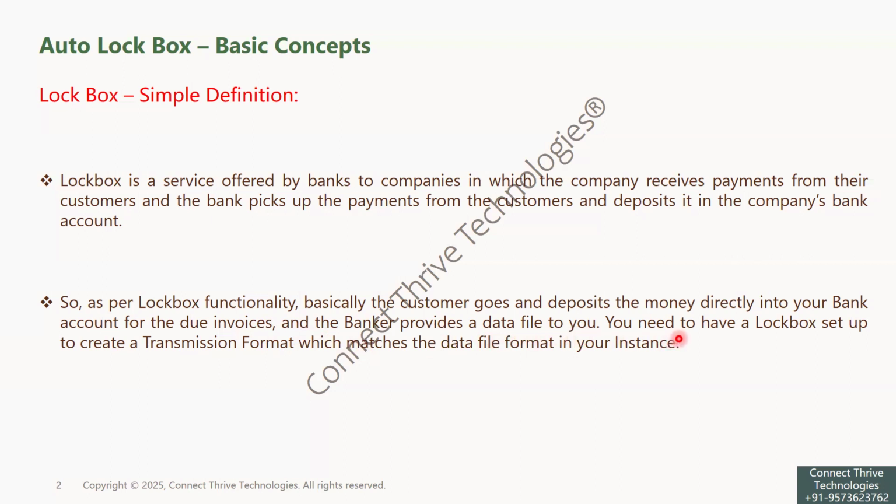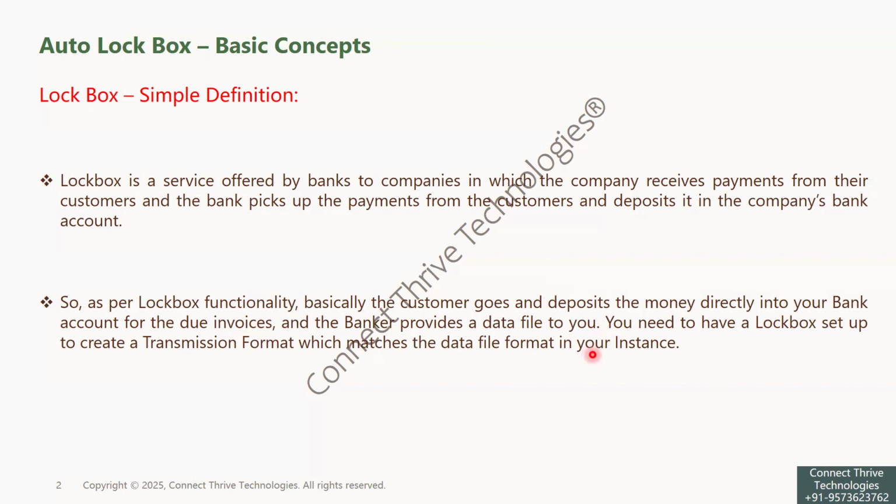You need to have a lockbox setup to create a transmission format which matches the data file format in your system. Based on the data file, you have to set up your lockbox configuration. That format is the transmission format, and it will create the receipts automatically based on the data file feed which we collected from the bank.